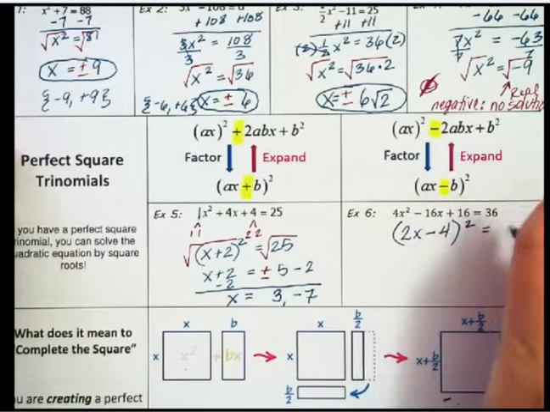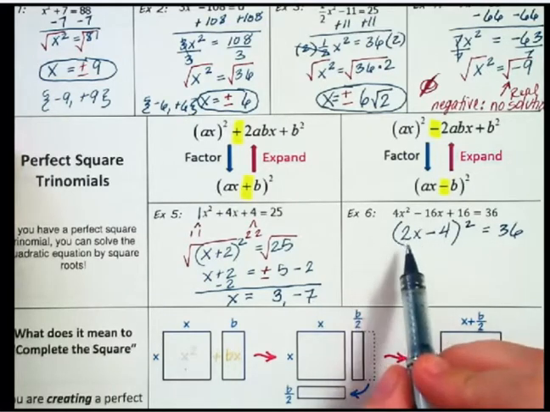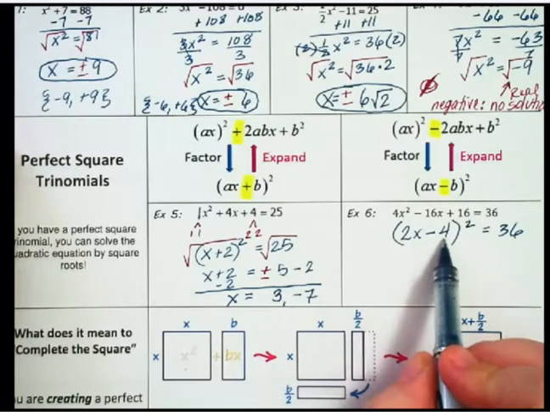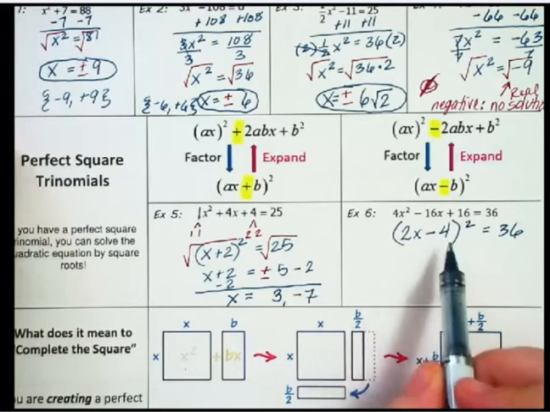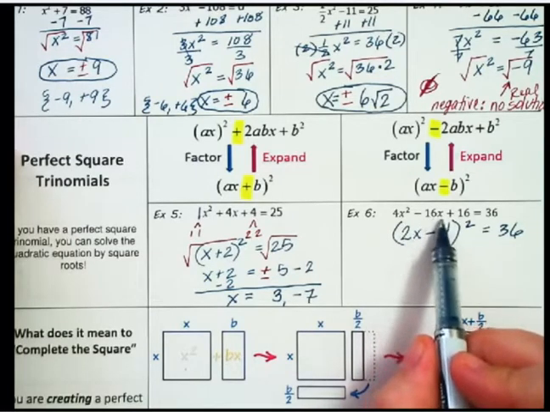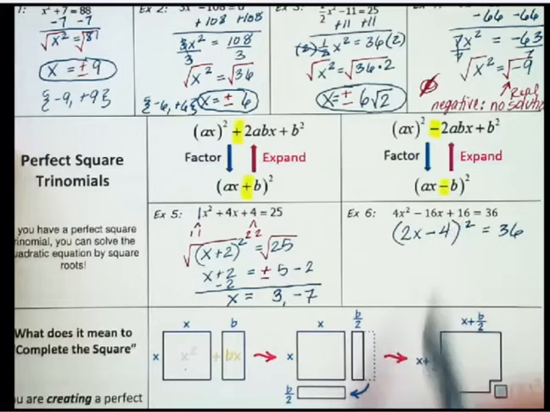And that is my perfect square trinomial. If you wanted to do the FOIL method to go backwards and prove to yourself that you did it correctly, 2x times 2x is 4x squared. 2x times -4 is -8x. -4 times 2x is another -8x. So that gives me -16x. And then -4 times -4 is 16.